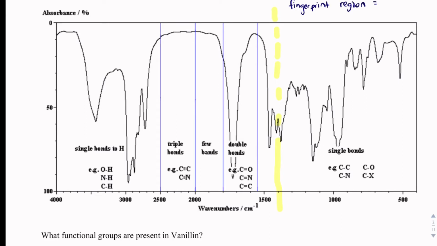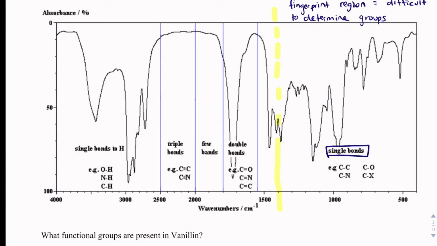This is difficult to determine groups here. So we typically will not look in the fingerprint region. That's not to say never, and it's typically single bonds that occur in this region.